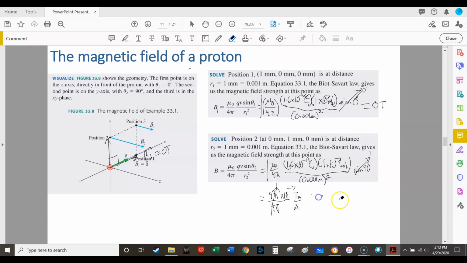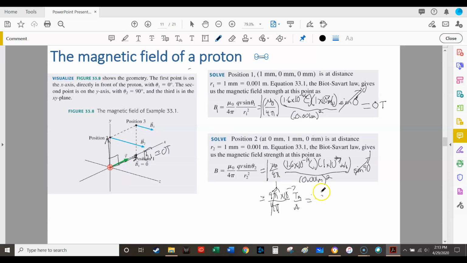So this is 1.6 times 10 to the negative 19th times 10 to the positive 7th. So that's, what is it? Negative 7 plus 7, so that's 10 to the negative 19th.